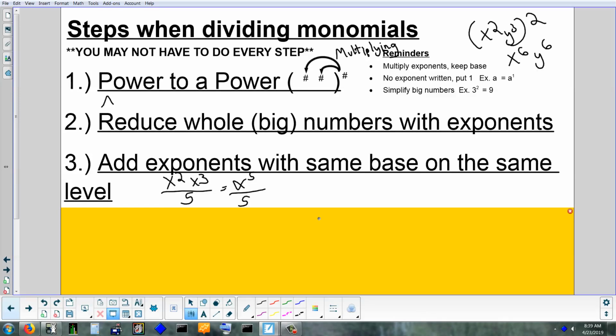I want to make sure I add my exponents with the same base on the same level. Again, you may not have every step. You may only have 1 or 2 things to do off this list.